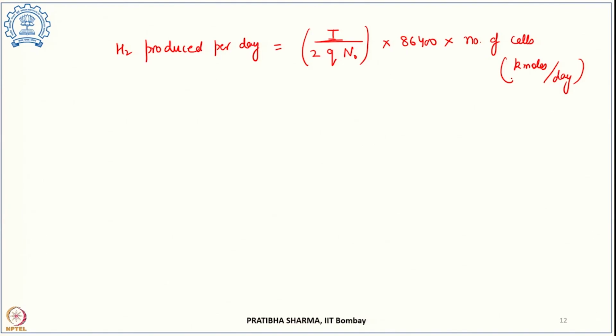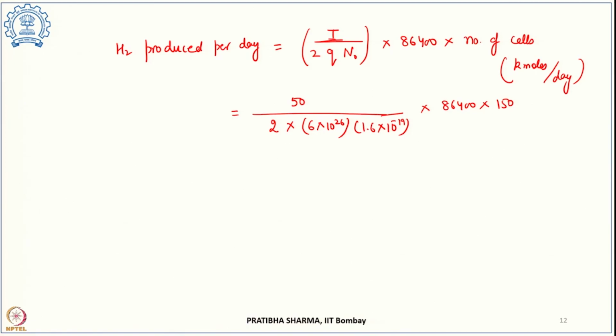Now, we will substitute the different values. It is given that the current is 50 amps, number of electron transfer in the electrolysis process is 2, Avogadro's number 6 into 10 raised to power 26, charge on one electron 1.6 into 10 raised to power minus 19, number of cells connected 150, and that much is the kilomoles per day.